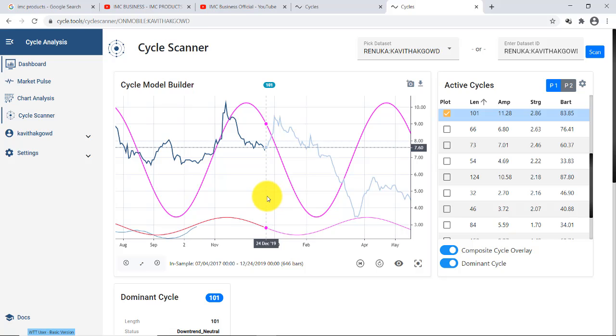Minus 70 and minus 30 means minus 100. Minus 100 means the price should fall from here, but instead of falling, it has moved upwards. So this cycle may not be accurate, I think.